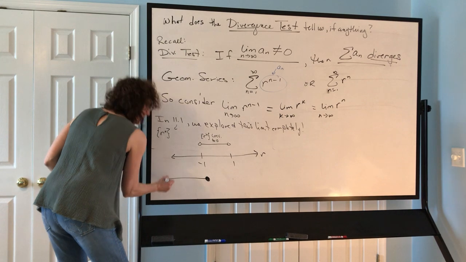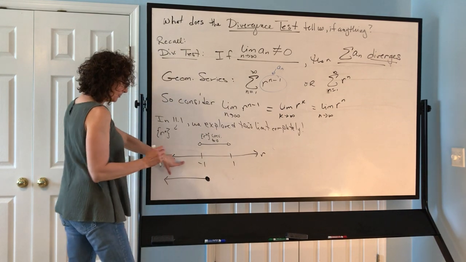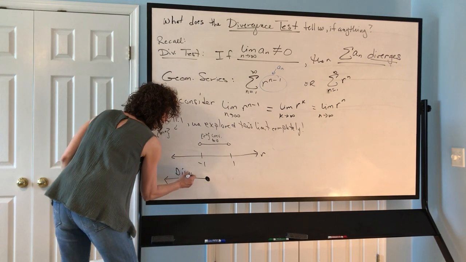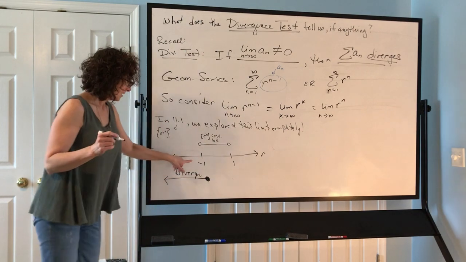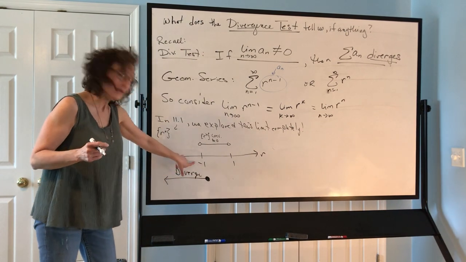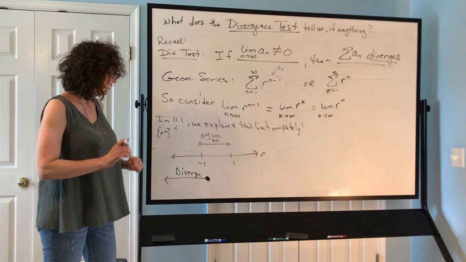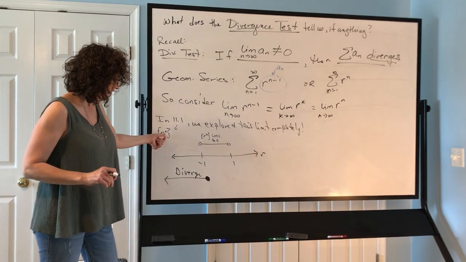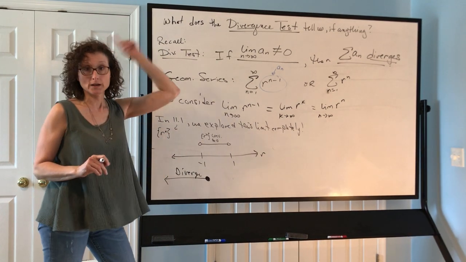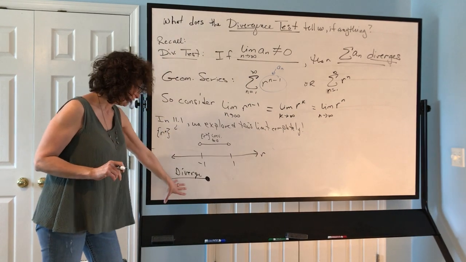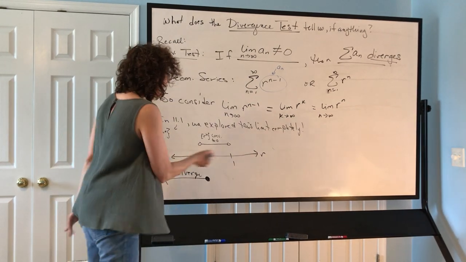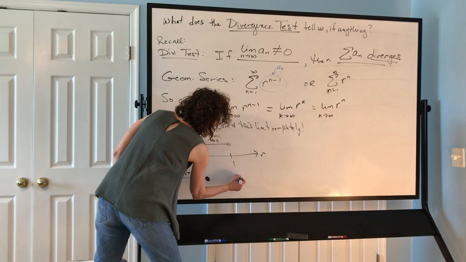And then what did we also see? If r was a number less than negative 1, between minus infinity and negative 1, then that sequence just bounced back and forth between negative numbers that got bigger and bigger and bigger. So it still diverged. What about if r was a number bigger than 1?